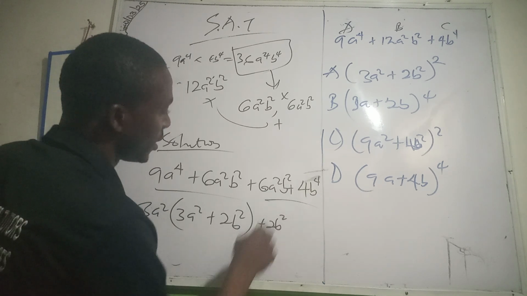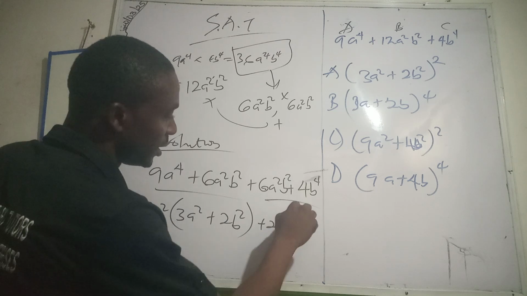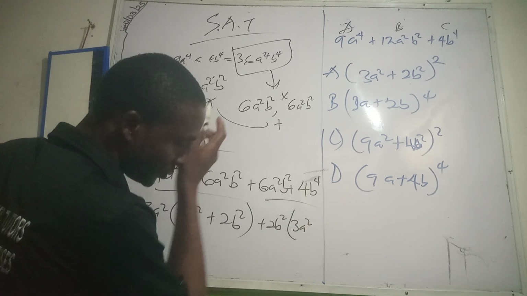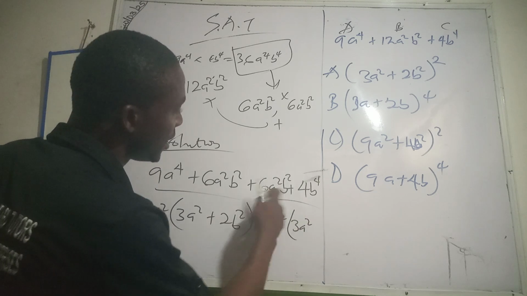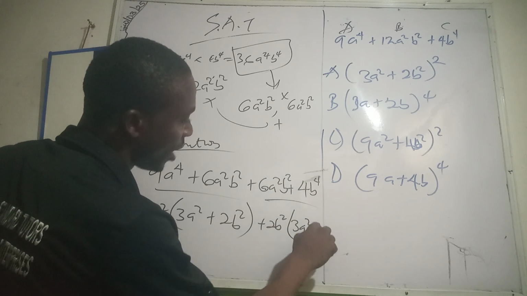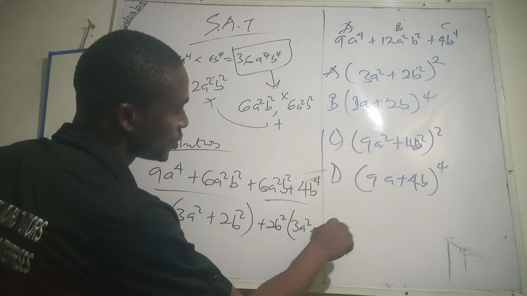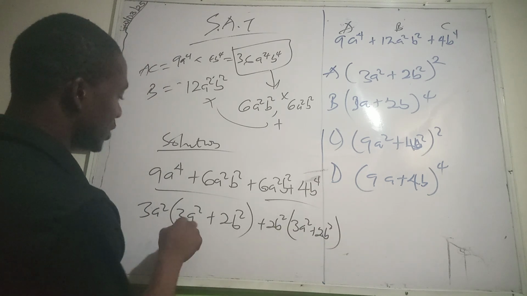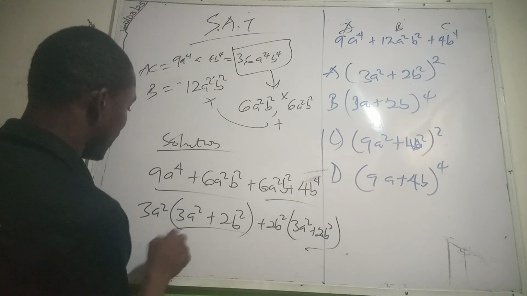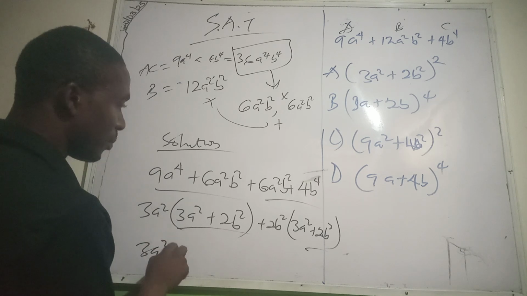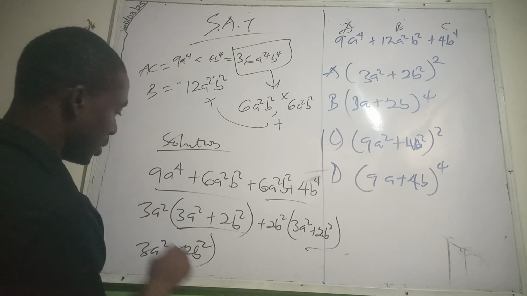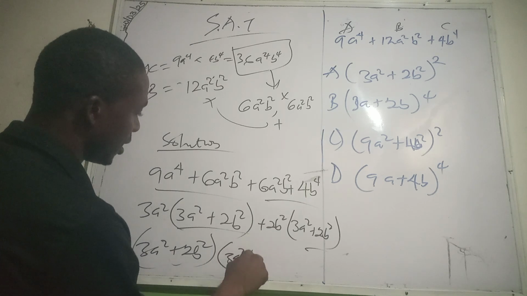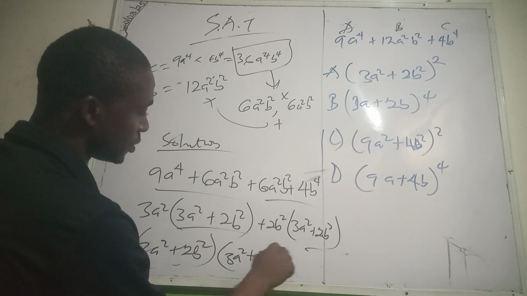2b squared into 3a squared, which is going to give me 6a squared b squared, and here I will have only 2b squared. By the time I multiply, I have this back. Since these are the same, I bring this out: 3a squared plus 2b squared into, take one of these, 3a squared plus 2b squared.